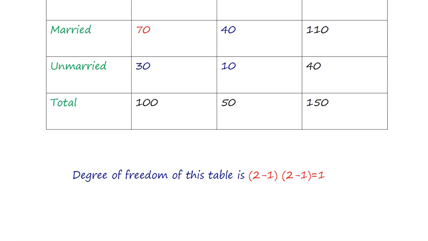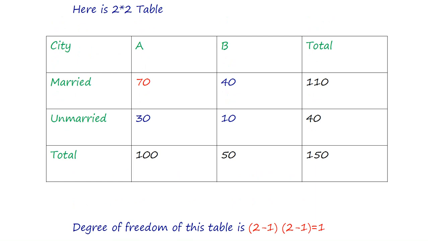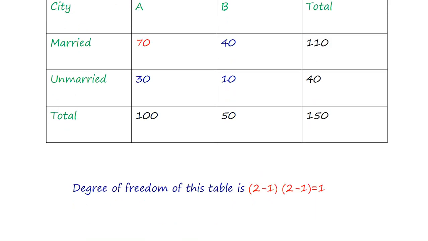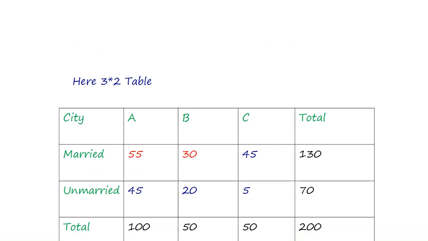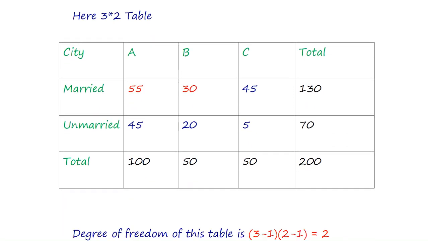So in four cells only one observation is independent. This one observation will be this 70. Any observations we know, on the behalf of this observation and these totals we can determine all three other observations. So in these four observations we have only one cell in which we are independent to vary.